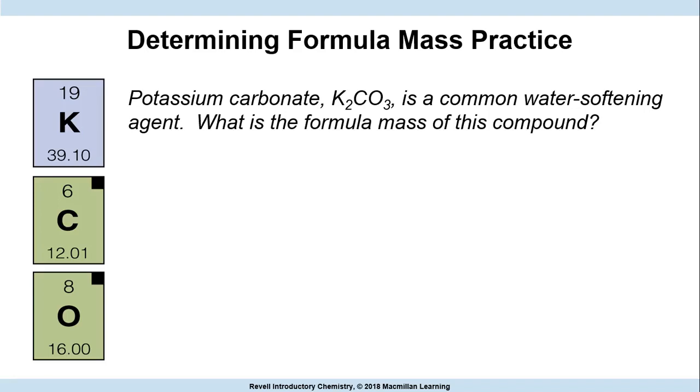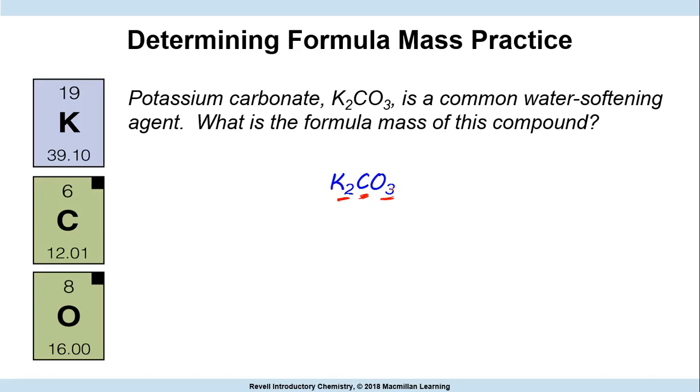Potassium carbonate is a common water softening agent. What is the formula mass of this compound? We have to first of all write out the formula of that compound. And we see that in this compound, we have 2 potassium atoms, 1 carbon atom, and 3 oxygen atoms.